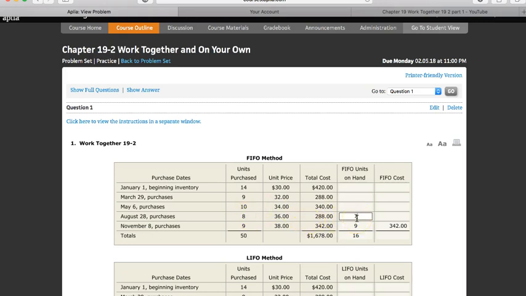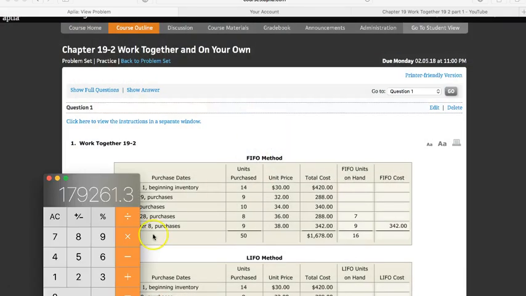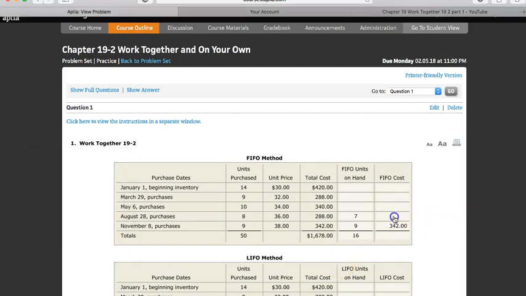So we put in 7, and 7 times 36, let me find the calculator. 7 times 36 equals $252.